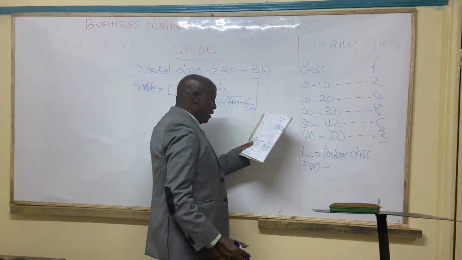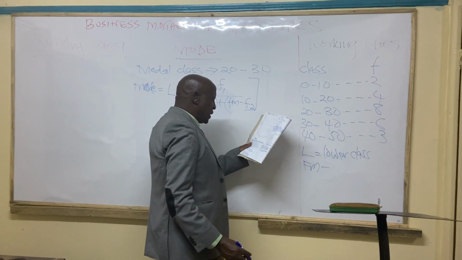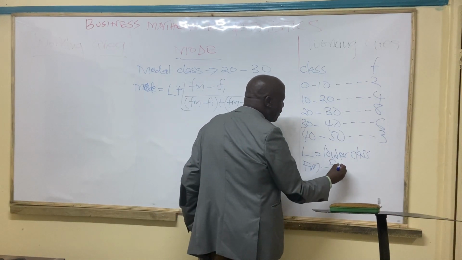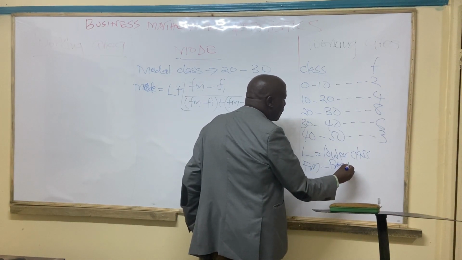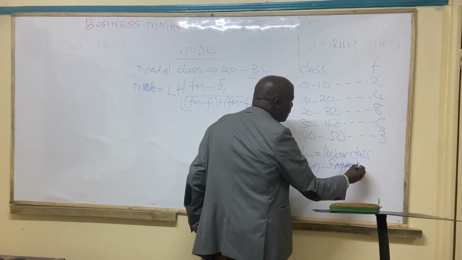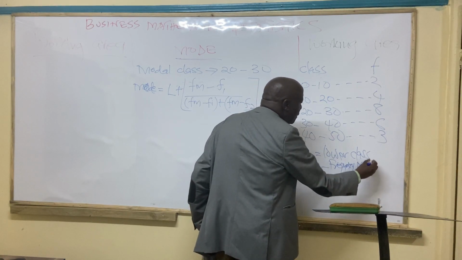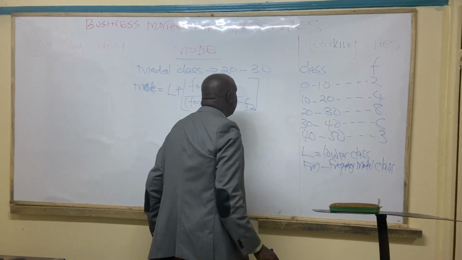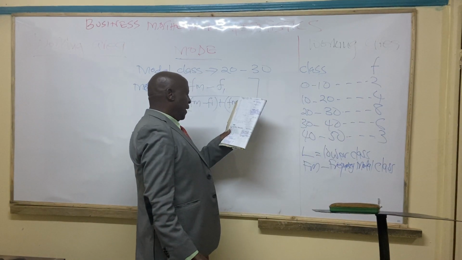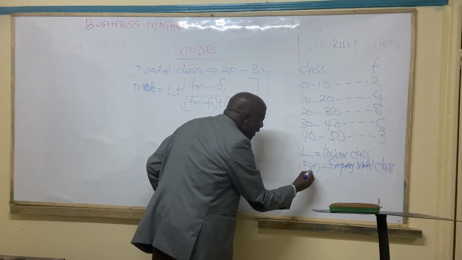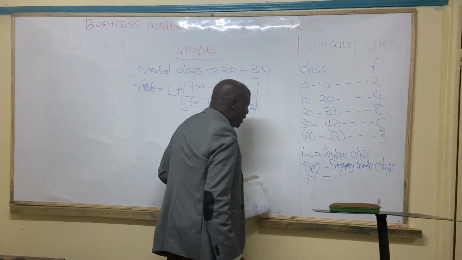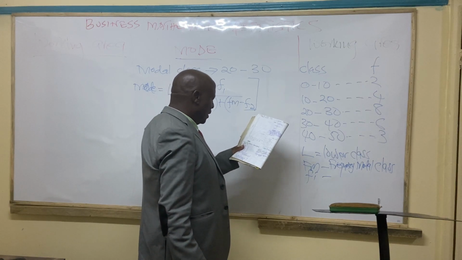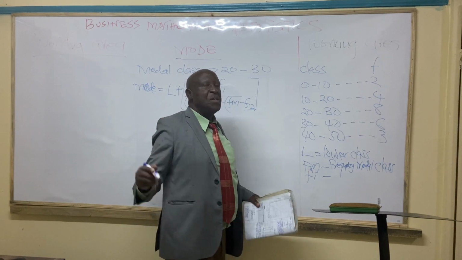Fm is the frequency of the modal class. This is the frequency of the modal class M, and then F1 is the preceding frequency.